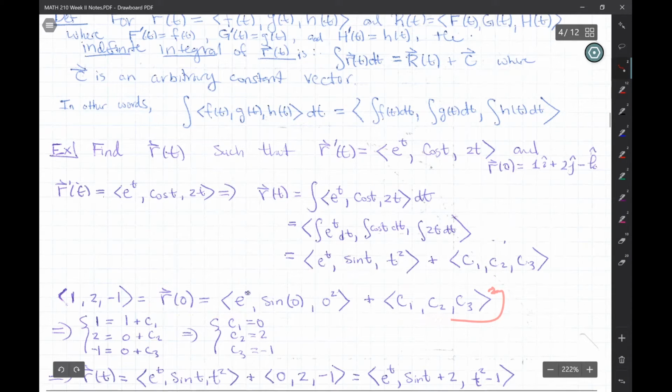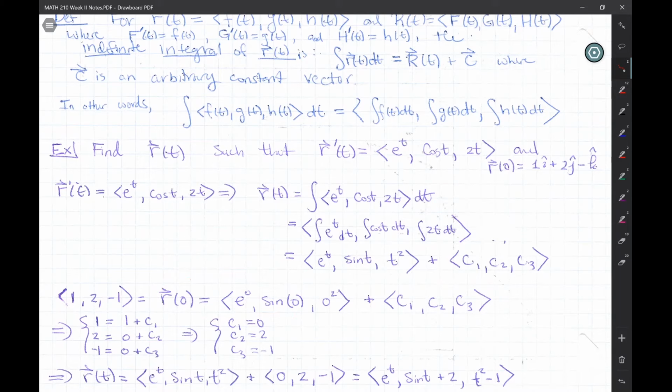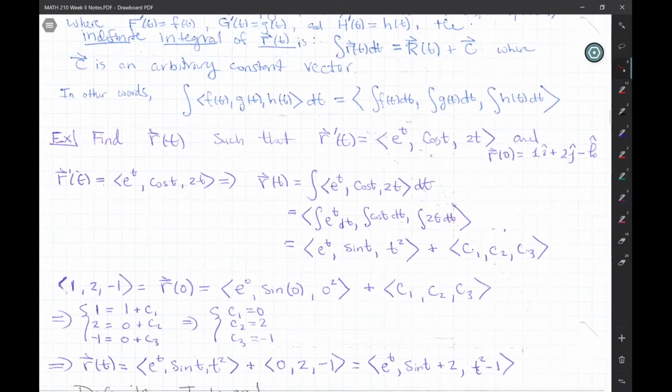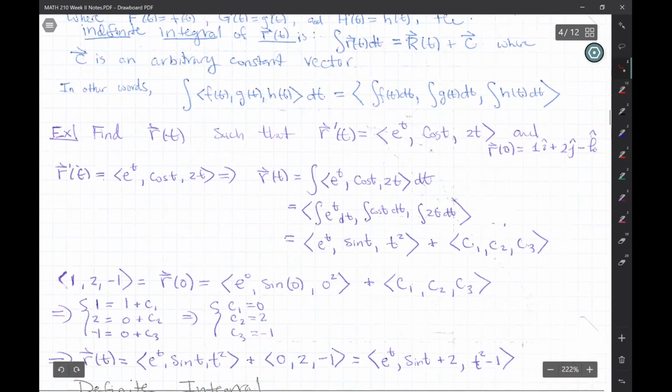So plug in t equals 0 into here, you'll get e to the power 0, sine 0, 0 squared. I hope you understand where the right-hand side and left-hand side came from. That's the important part when you do this type of problem. Now the rest of it is just solving for these constants that would satisfy this condition.